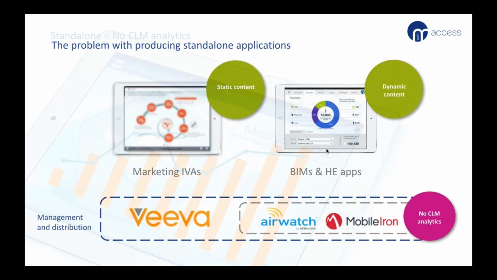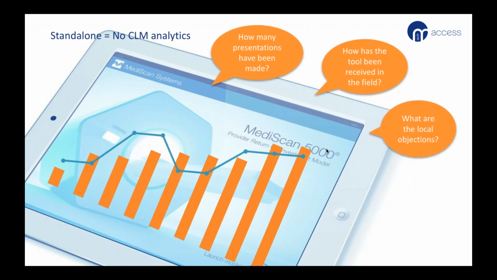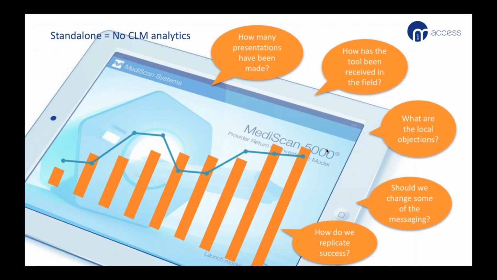And the problem that we have here is that you will receive none or very little CLM analytics when you produce these tools as standalone apps. And you can see here the type of information you can get from Veeva. You want to be able to see, first of all, that the tools are being used.